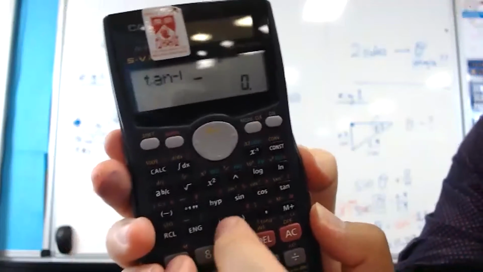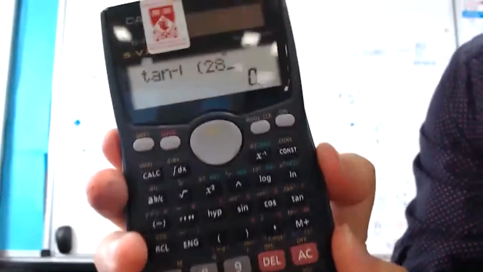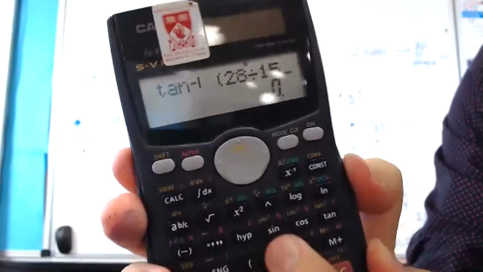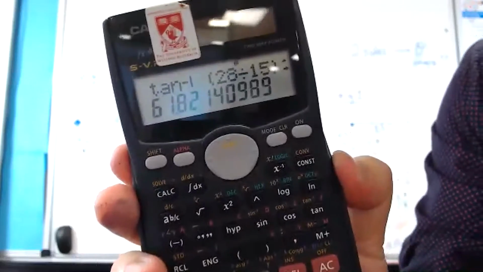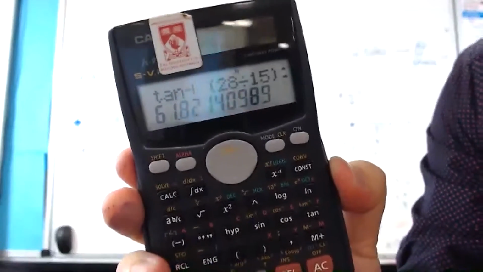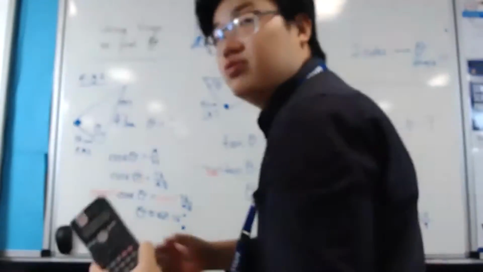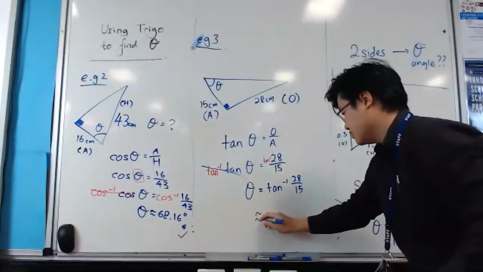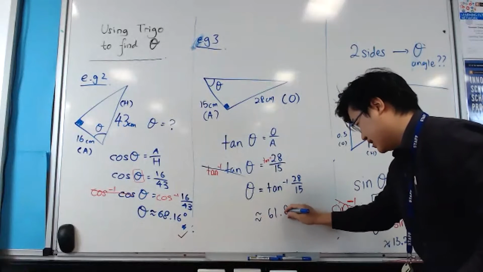So when you've got arc tan there, open bracket, what's the number? 28 divided by 15, and then close bracket. So what you get there is 61.82. So the answer is approximately 61.82 degrees.